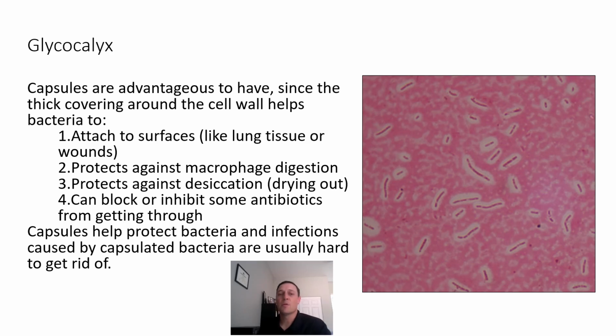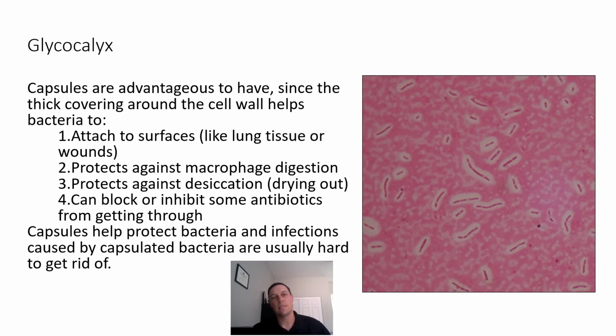And they can block or inhibit some antibiotics from getting through, which makes it harder for us to treat certain bacteria that act as pathogens. So you can see here that capsules provide, as a cell structure, a lot of specific benefits to a bacterial cell, making it better at infection and harder for us to deal with. So when we think about it all together, we've got glycoproteins and glycolipids building this cell structure.